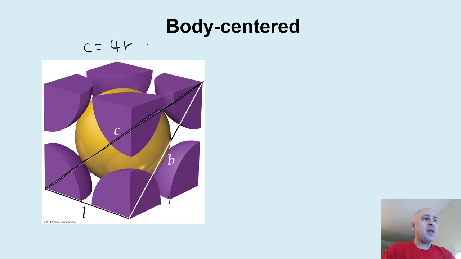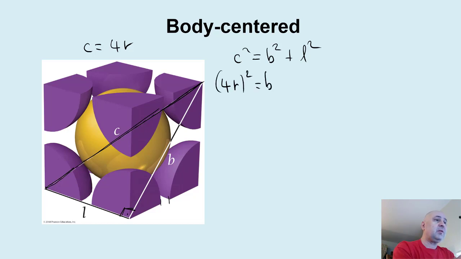Okay, and so we use the Pythagorean theorem, where we can argue that C squared, because you have a 90 degree angle. It doesn't look it, but it's a 90 degree angle here. So we can say that C squared equals B squared plus L squared, and if we want to express L in terms of r, we want to get rid of C and B. We can start doing that by saying, okay, so (4r) squared equals B squared plus L squared.